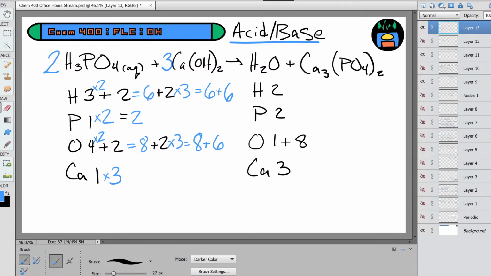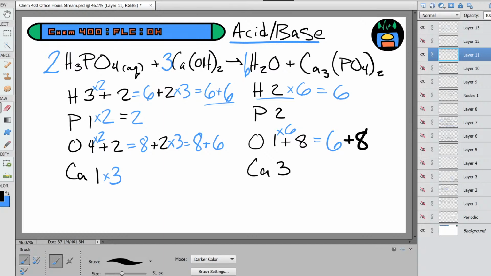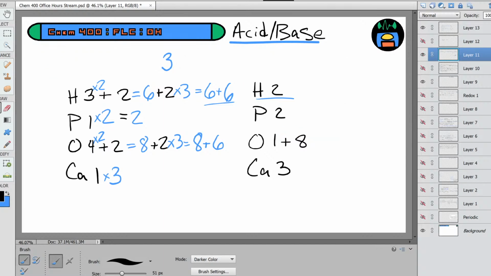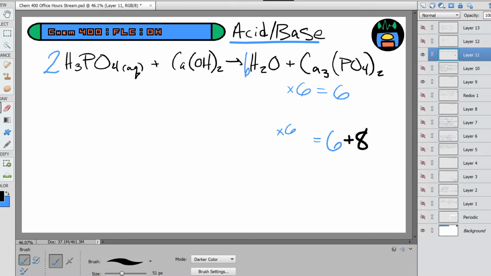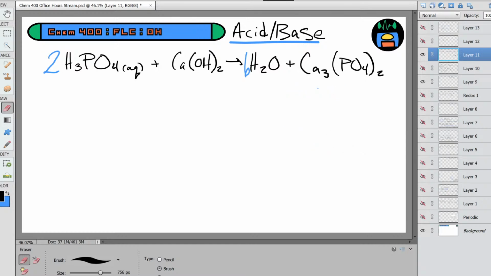Calcium is balanced, phosphorus is balanced, oxygen looks a little strange, but hydrogen looks doable, right? 2 goes into 12 6 times. And when I balance hydrogen, I also balance oxygen in one fell swoop. So this is my balanced chemical equation. Let me clean up down here just a bit. Alright, there's my balanced chemical equation.